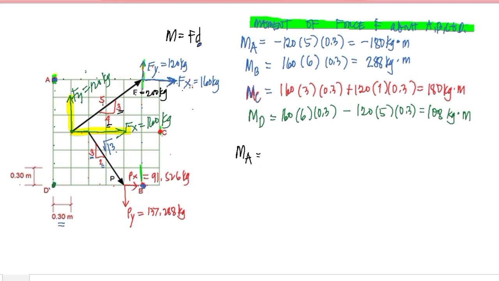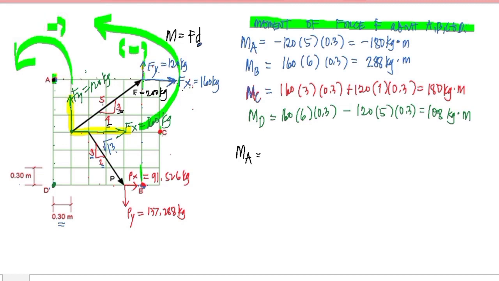So, for the moment at A, this is where we take the moment. Meaning Fy and Fx here will create a moment with respect to point A. So, for Fx, since this is point A, Fx will rotate counterclockwise, and this is negative. And Fy will also create a counterclockwise rotation, so this is also negative.